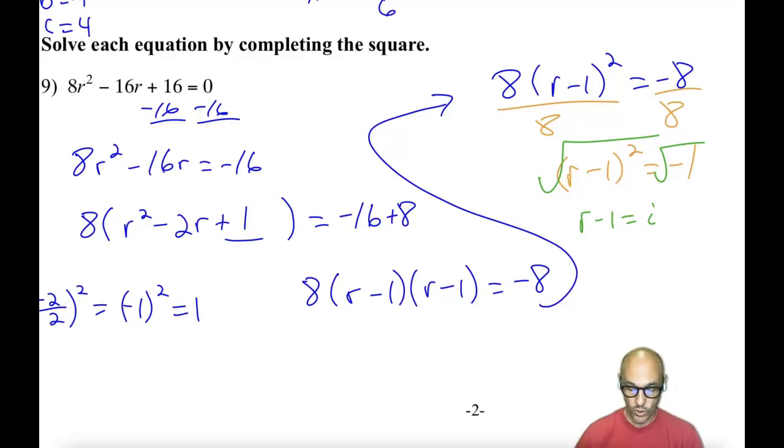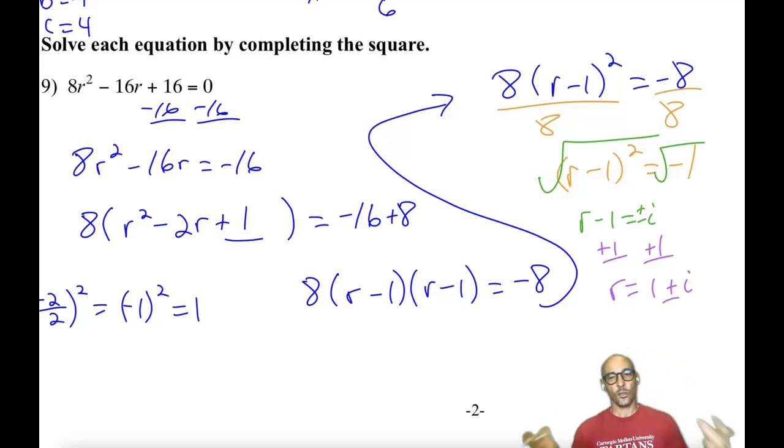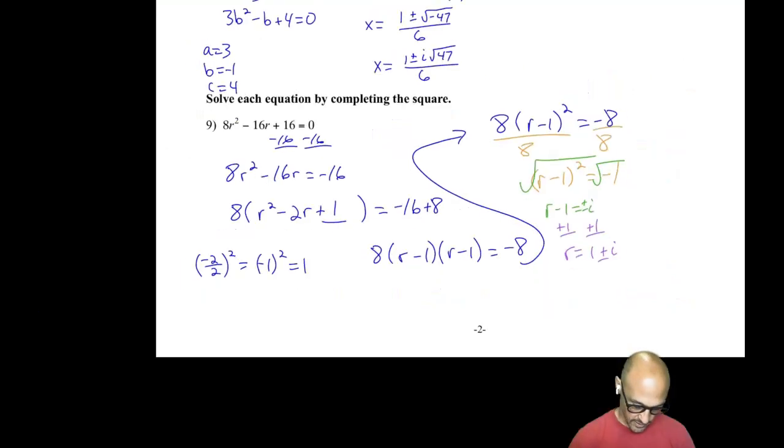And now just our last step here is to add 1 to both sides, and we get r equals 1 plus i. Oh, also, whenever we do a square root like that, we always get a positive and negative. So in our solution, it's going to be positive and negative. And solutions always come in those complex conjugate pairs. So that is that one.